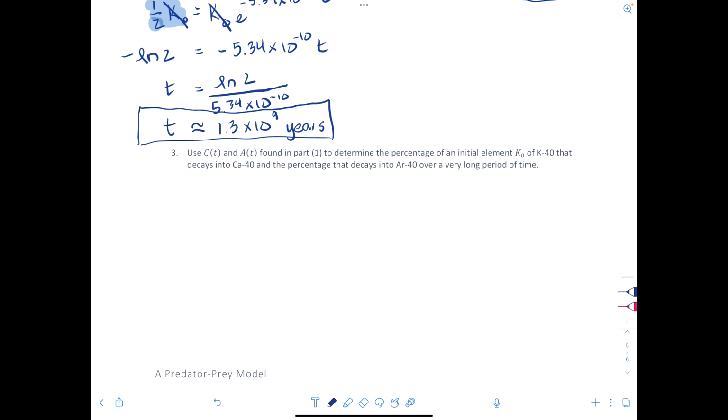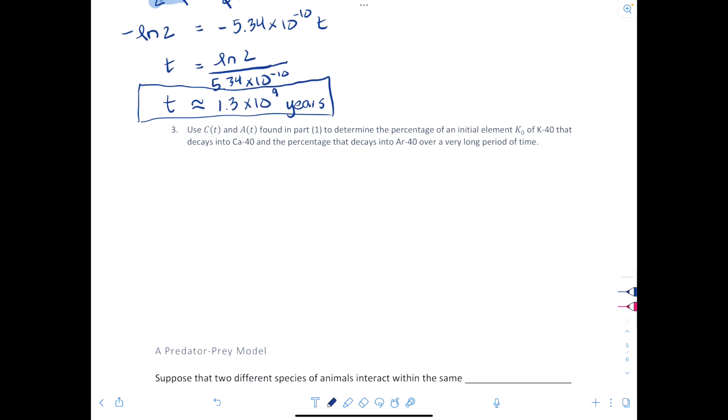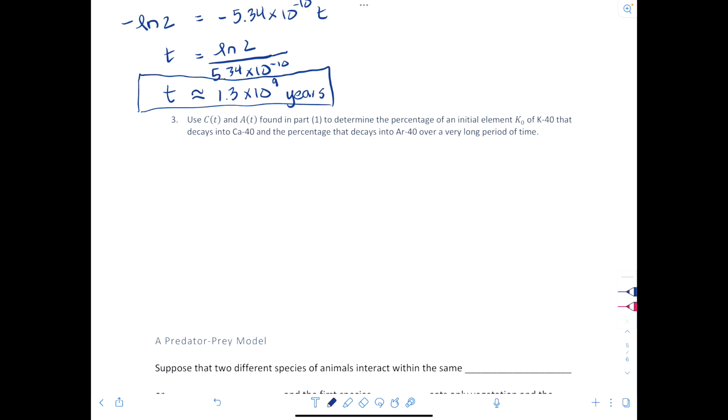All right, so now we want to use C at T and A at T found in that first part to determine the percentage of an initial element, K0 of K40, that decays into Ca40 and the percentage that decays into argon-40 over a very long period of time.